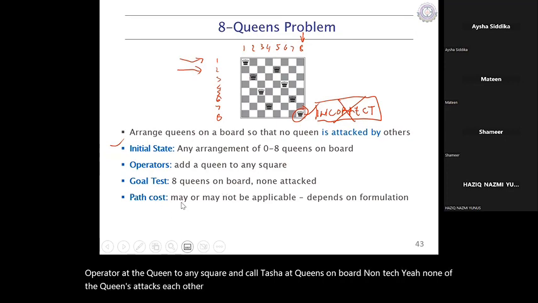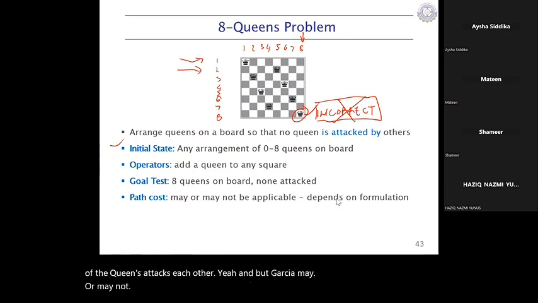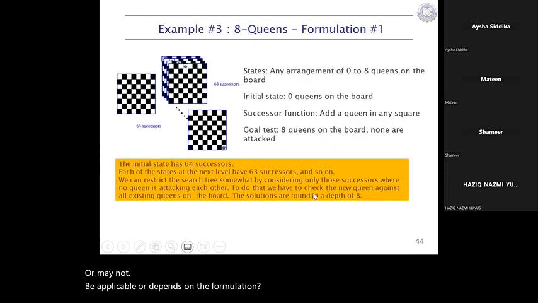And path cost may or may not be applicable, depending on the formulation. So this is formulation 1: state, any arrangement of 0 to 8 queens.